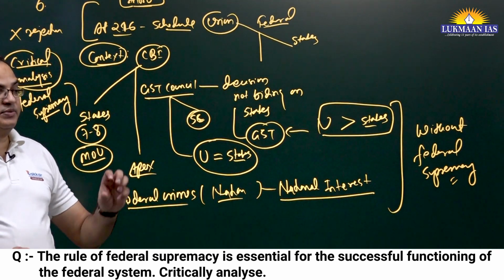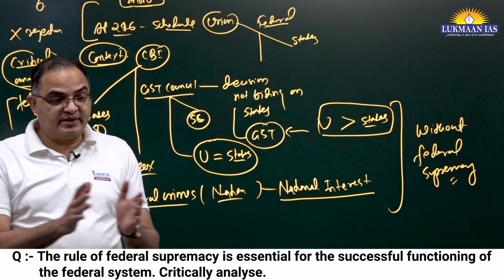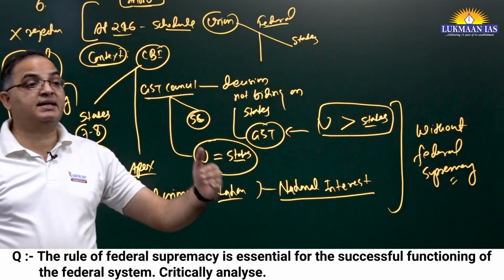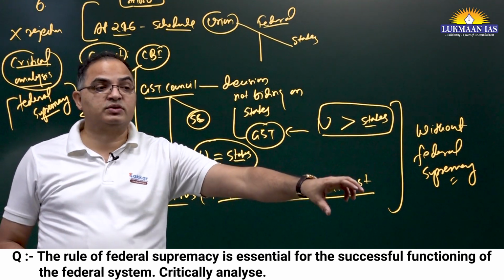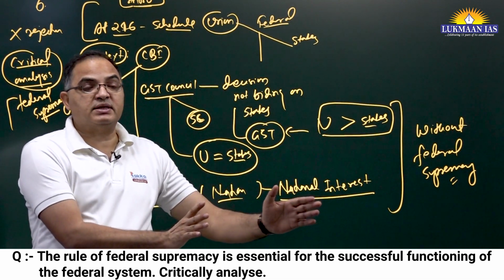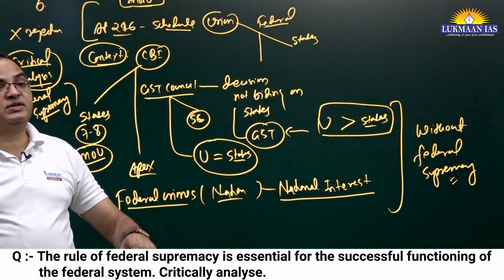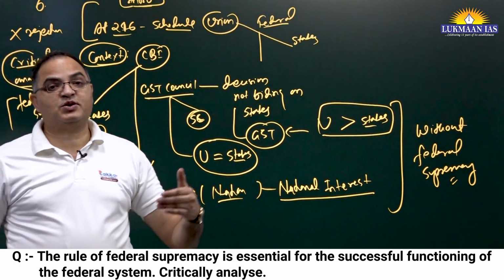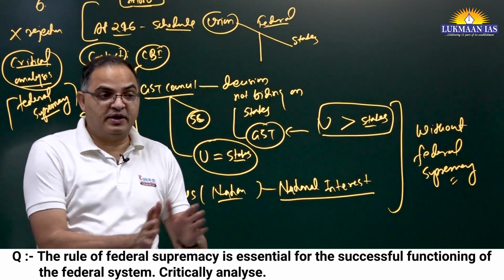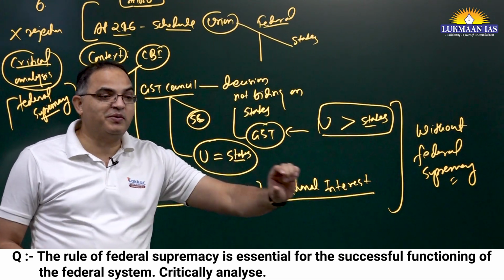If states start behaving as if they are equal to the center, and then they have conflicts with the union, or start confronting, or say we will not allow the center this and that, that affects federal supremacy. That will affect our national interest, and in that sense it goes against even the basic structure doctrine, since federal polity is a basic structure. Hence it is a new development.